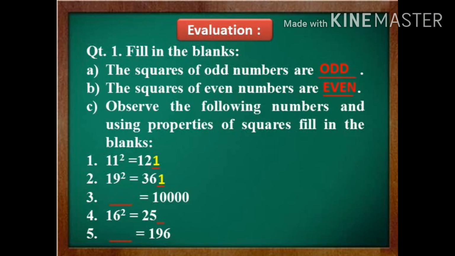In the third case, the square number has 4 zeros, so the number itself will have 2 zeros, that is 100. 100 square will be 10,000. In the fourth case, the units place is 6, so the square number will also end in 6. Fifth example, we already know that 196 is the square of 14.